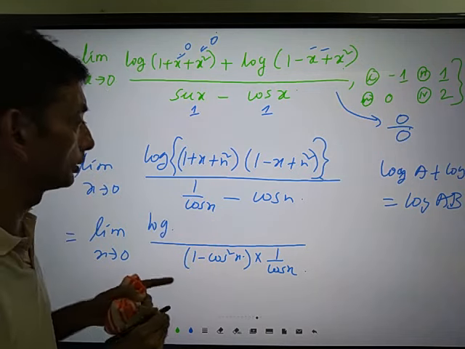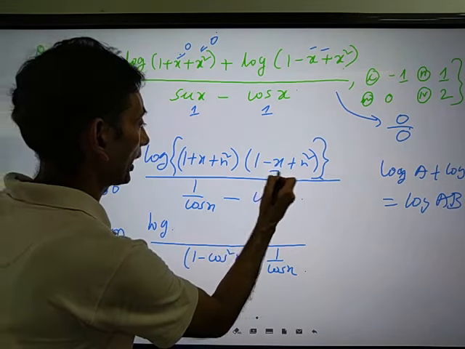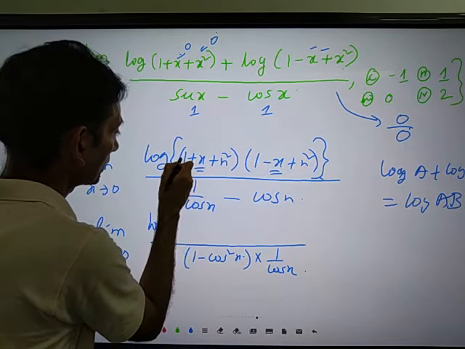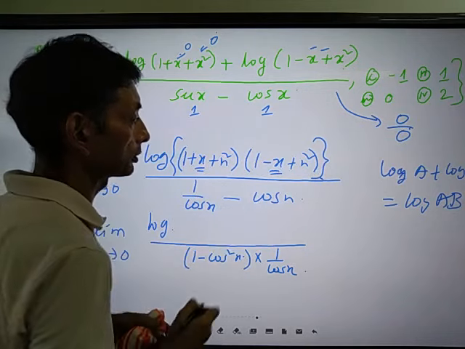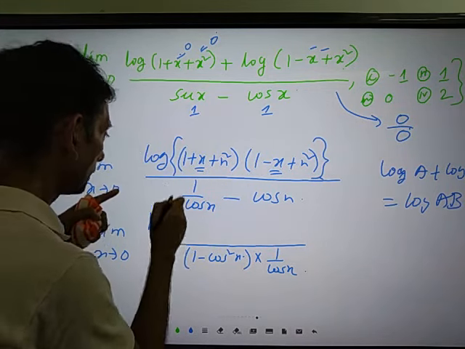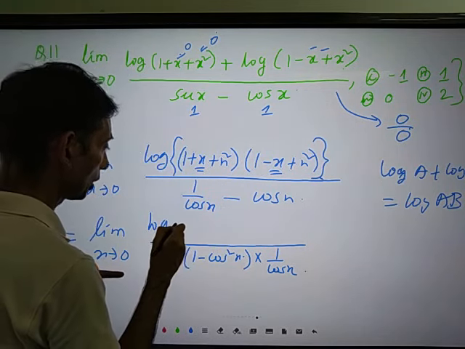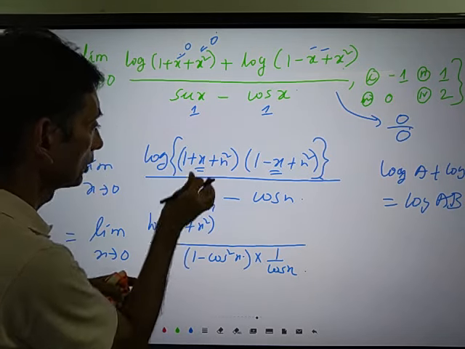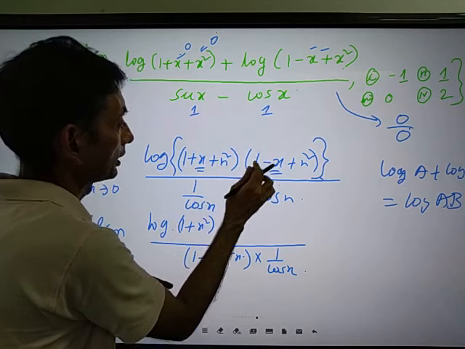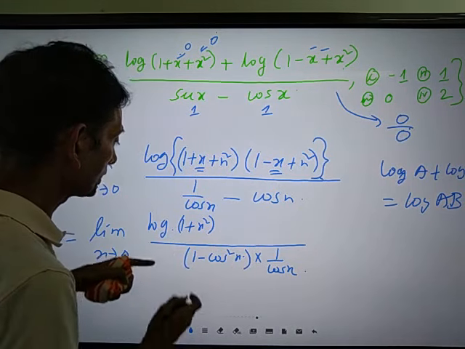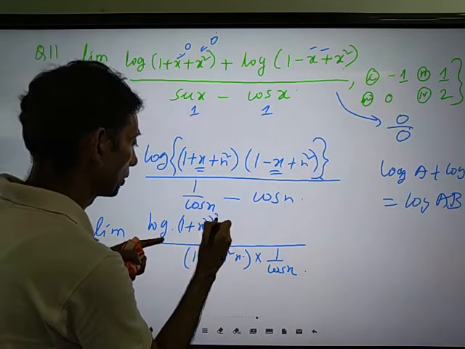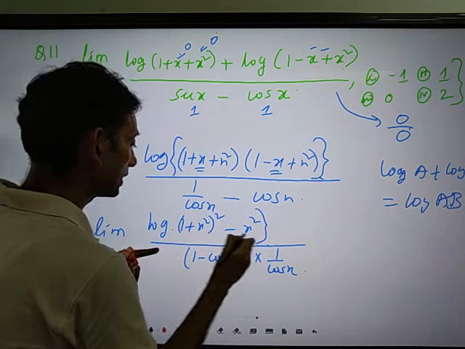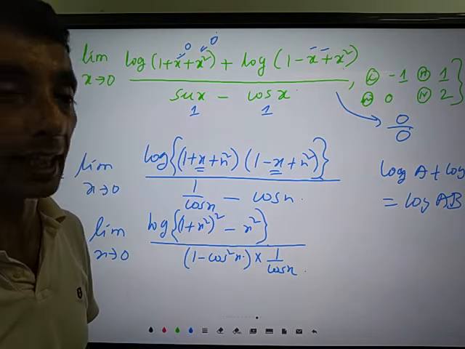Let's see the term where the minus is there. Minus is there on x. Here this term is 1 plus x squared, and this is 1 minus x plus x squared. So we can write this term as 1 plus x squared whole square minus x squared. That means we can use the a plus b and a minus b formula.